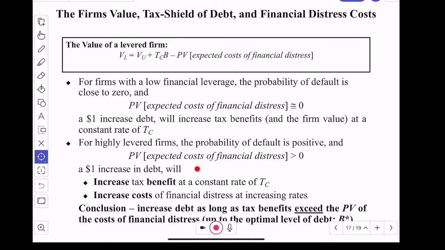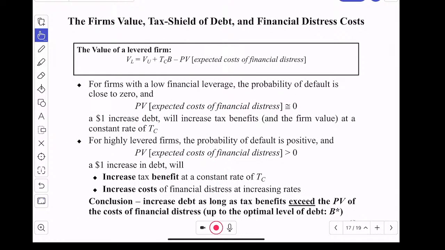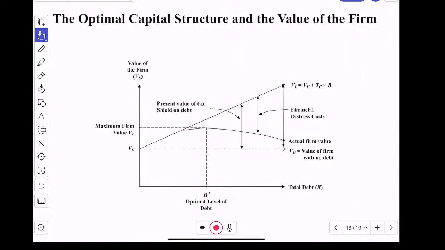A dollar increase in debt will increase tax benefits at a constant rate TC, but also increase costs of financial distress at increasing rates. So, in conclusion, we would increase debt as long as tax benefits exceed the present value of the costs of financial distress. That allows us to find, you see this is a lot of arrows and things, but you already saw this graph with firm value not being affected by debt because of no taxes.